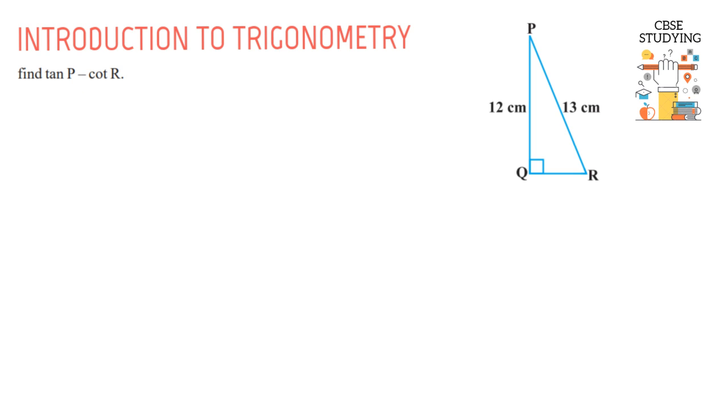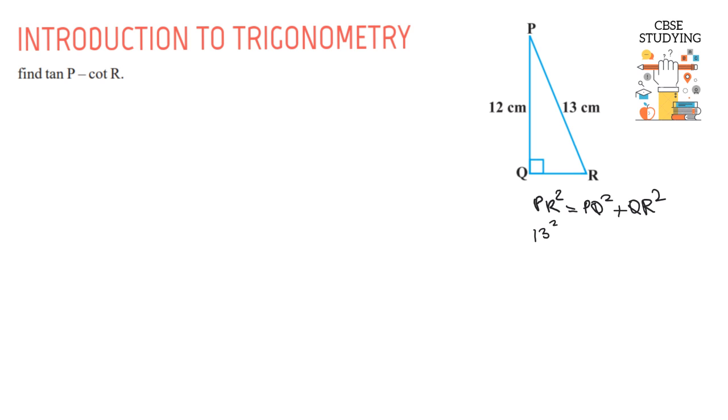Next question, in the figure given to you, you have to find the value of tan P minus cot R. Even before you go to the question, always check if you have all the measurements of the given right triangle. If not, find the missing side. So again, over here we are going to use Pythagoras theorem. PR square is equal to PQ square plus QR square.